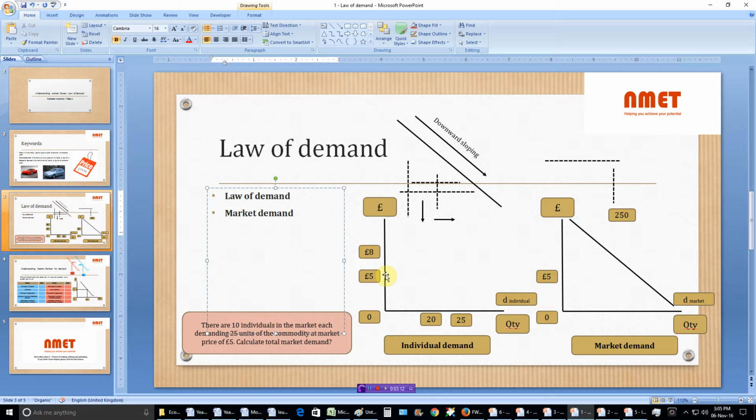Yes, but what the law of demand states is that the quantity demanded of a good will increase with a decrease in its price, ceteris paribus.